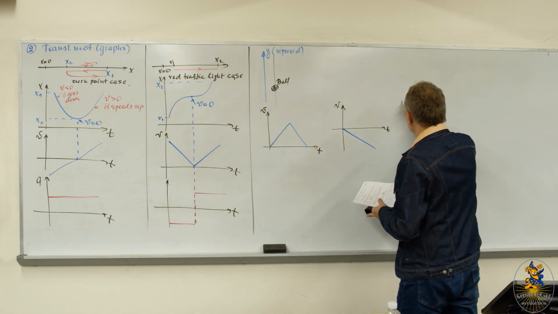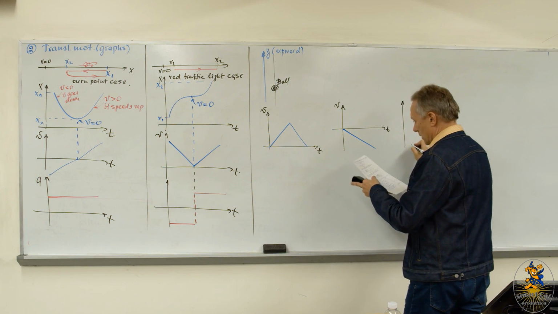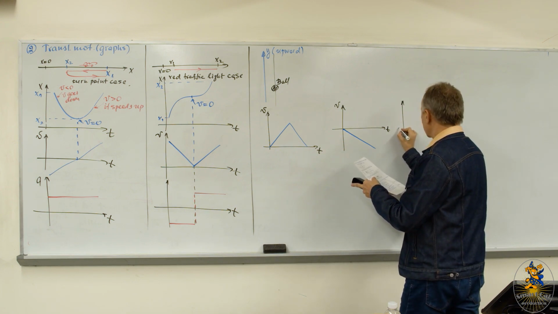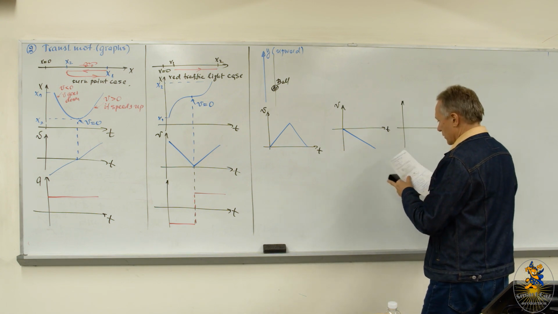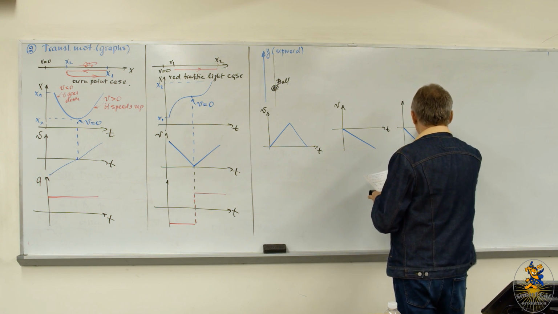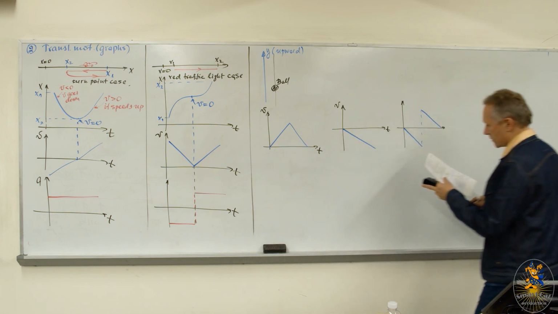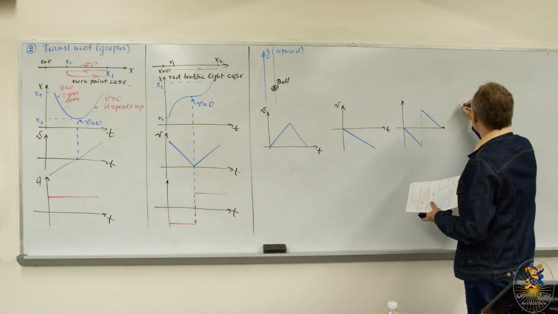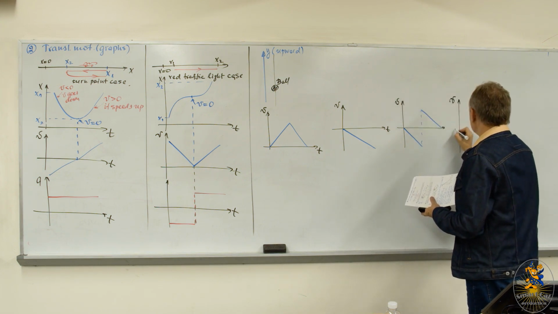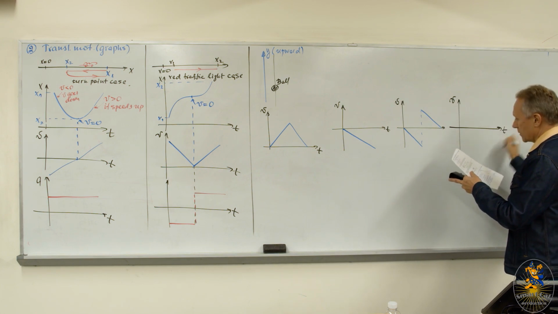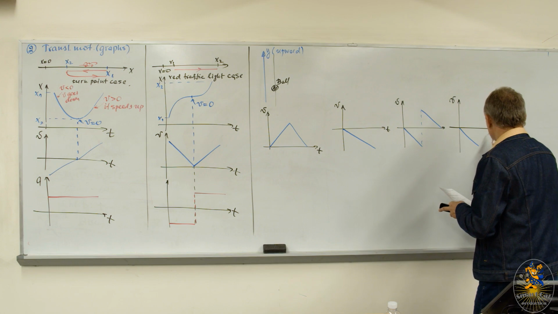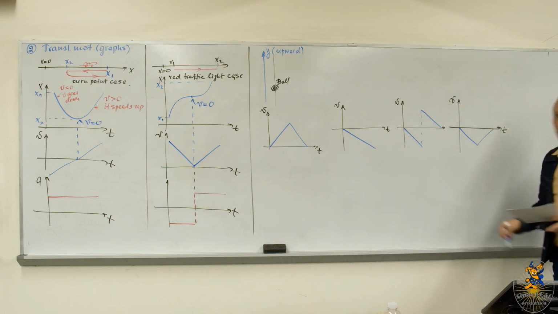Then let me draw it this way. So first it goes down, and then goes like this. And the last graph, all possible crazy situations. V versus time, and now it's this way.